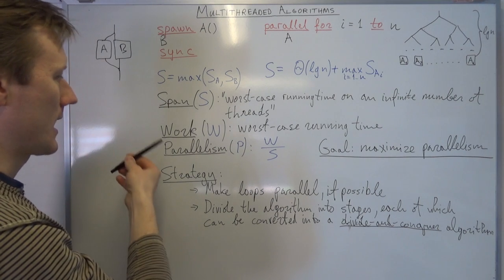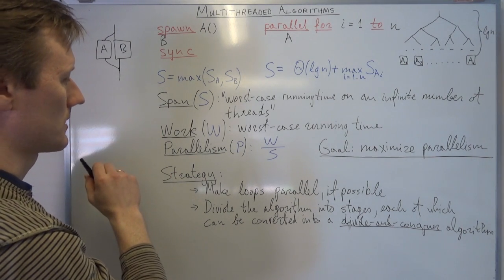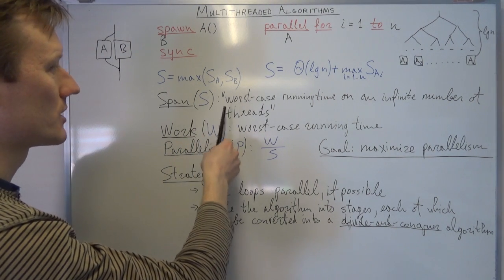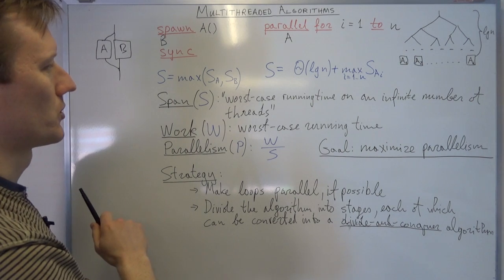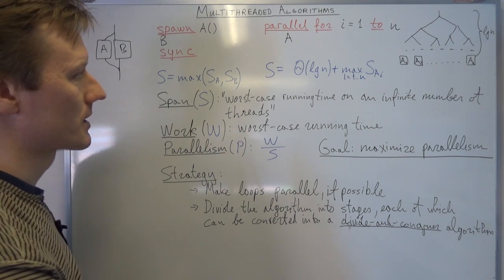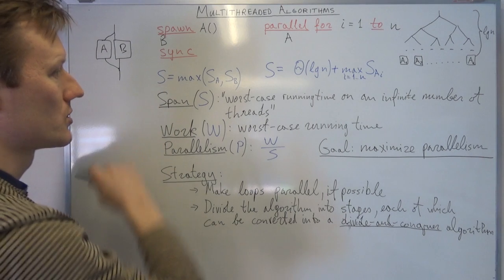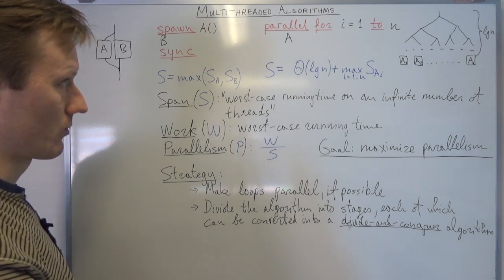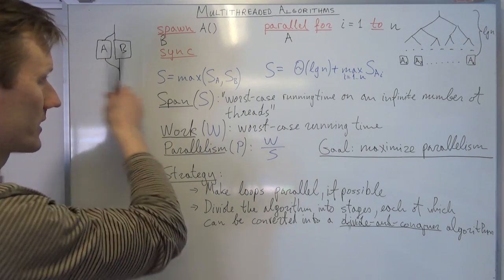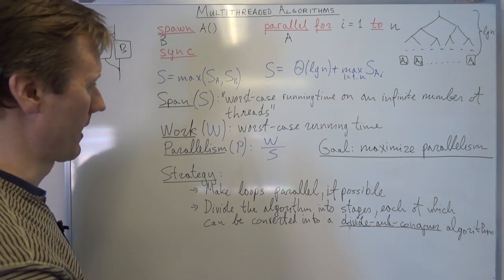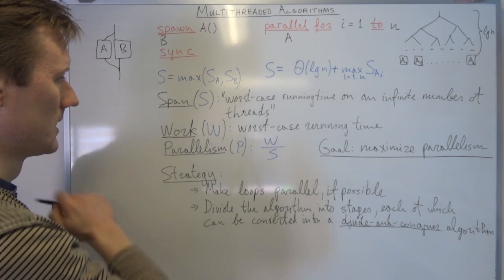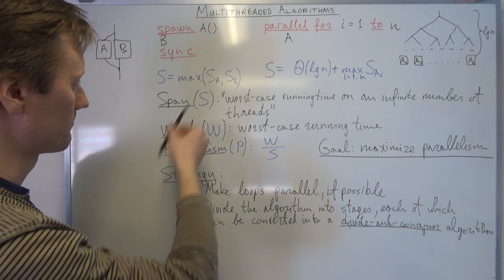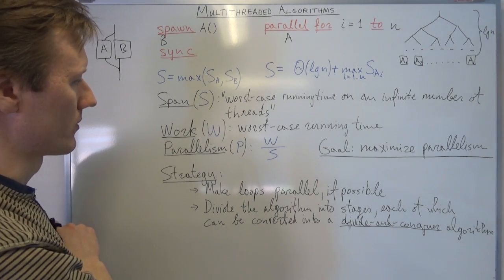To analyze these algorithms, we have two important concepts. One is called span, which is, putting it informally, just the worst case running time of the algorithm on a machine that has an infinite number of threads. It can create an infinite number of threads, so all things that can run in parallel actually run in parallel. That's the span. In the lecture we define it a little bit more formally, but this is a good way to think about it.